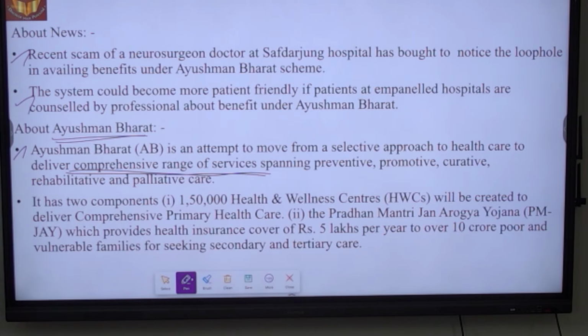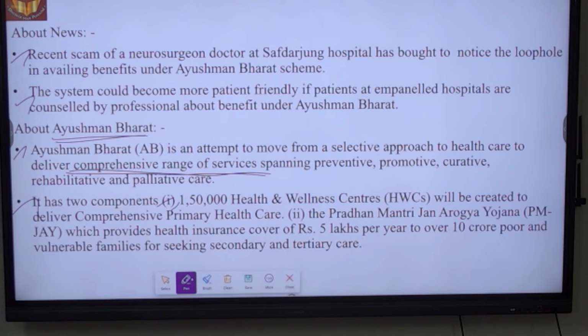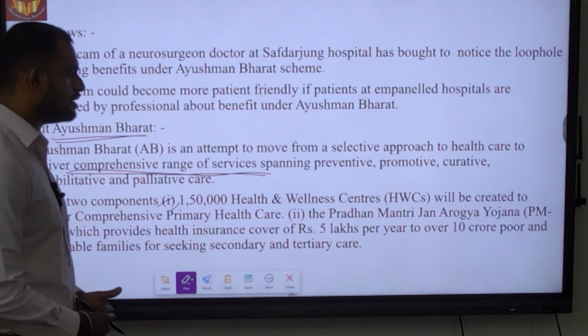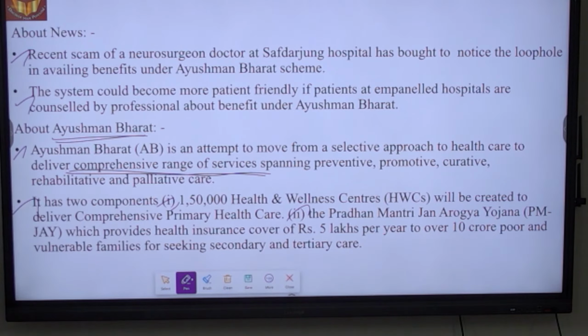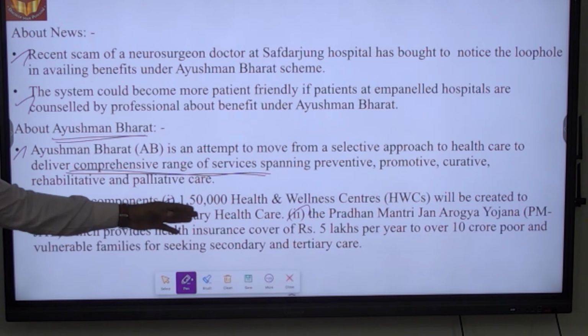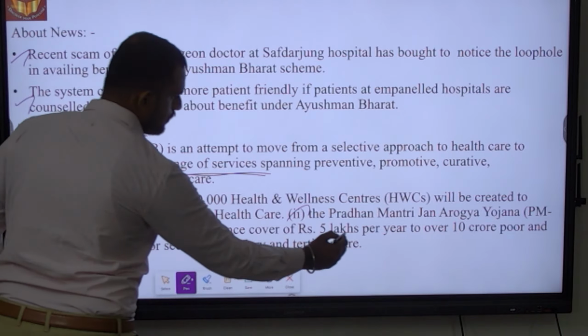And it has two components. First is 1,50,000 health and wellness centers will be created to deliver a comprehensive primary healthcare system in India. Second component is under Ayushman Bharat, the Pradhan Mantri Jan Arogya Yojana, which is an insurance scheme provided for the people who are poor as well as vulnerable, of 5 lakh per year.